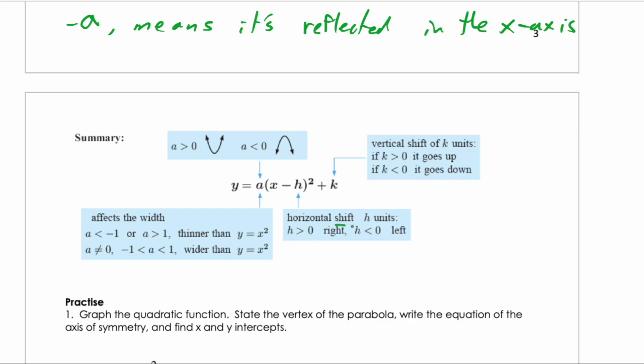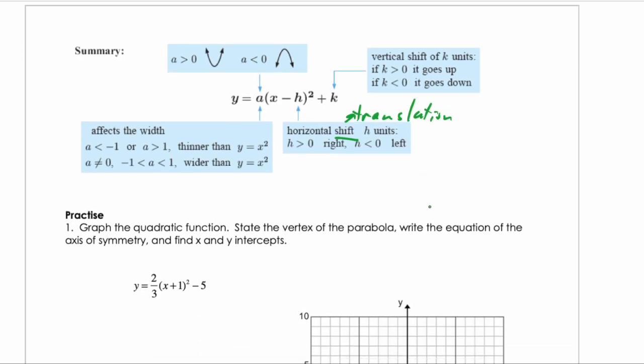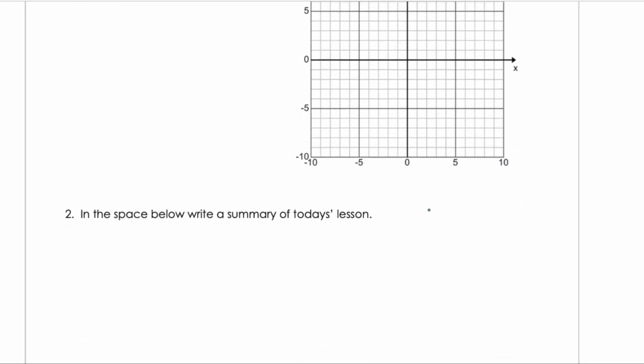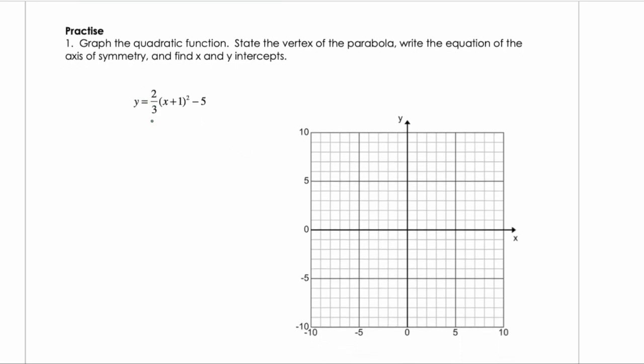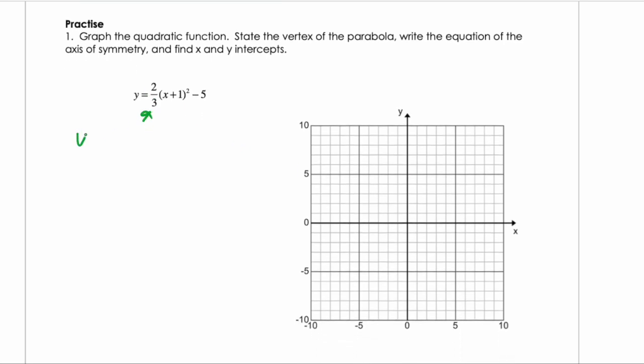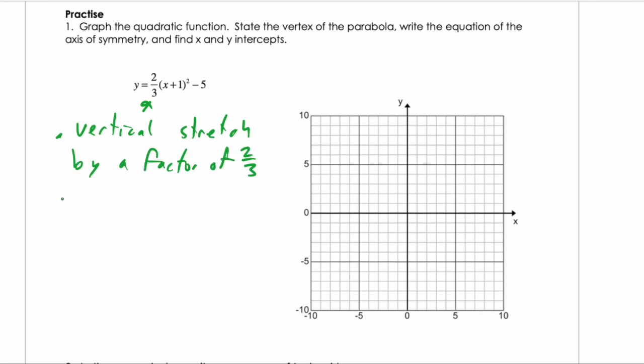And it talks about horizontal shift. Some people say shift, some people say translation. They're both okay. Yeah, so then you should be able to graph the functions yourselves now by looking at it, right? So this is vertical stretch by a factor of 2/3.